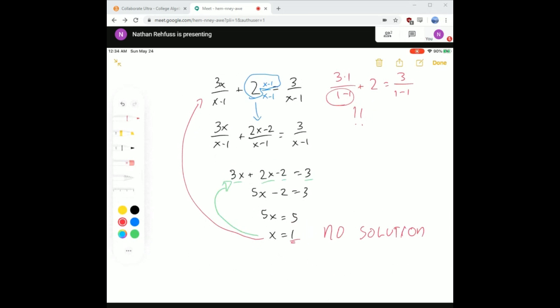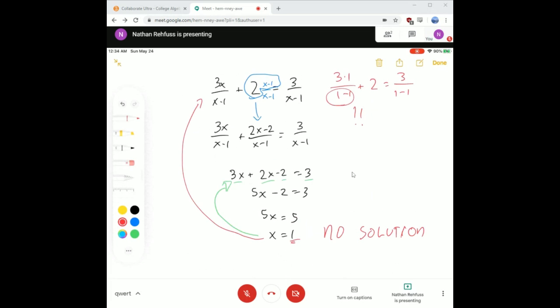Probably a good idea to check that. In other words, anytime when I said the denominators don't matter anymore, another way to think of that is I was multiplying both sides by x minus 1. That would cancel out all of my denominators. X minus 1 could be 0.